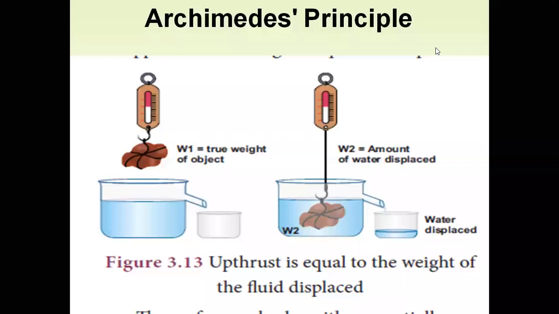So by doing this, the weight of the body in the fluid will change, and this is called apparent weight. This apparent weight of the body is equal to the difference between actual weight and the buoyant force.